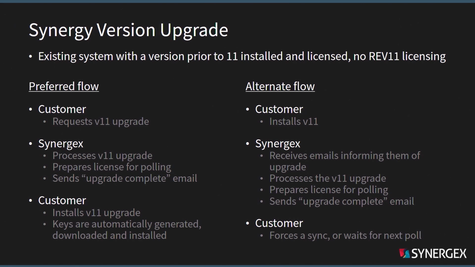They may proactively just upgrade your license, or, depending on the timing, maybe you then need to call in and say, I just upgraded my system, please upgrade it to V11. Whichever happens first. It's possible they may just do it, and you might just get your keys automatically. But if you've already done the install before they've done the upgrade, that's one example of when you might want to, once you've got the upgrade complete, force a sync to grab your keys right now.